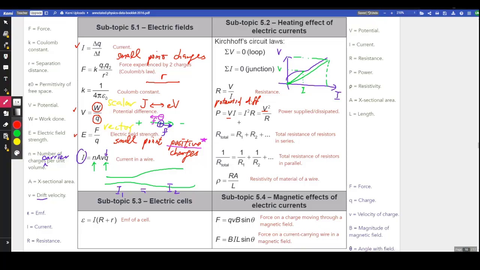So if you really want to use this equation involving V, make sure that it is really the potential difference of the component that you are calculating, so that power is for that particular resistor or component. Or if you're doing it for the whole circuit, then make sure all these are for the whole circuit.